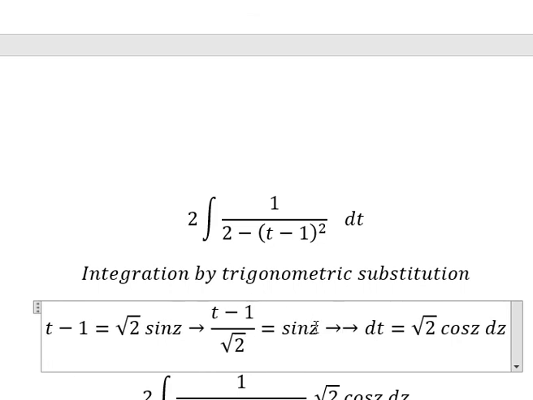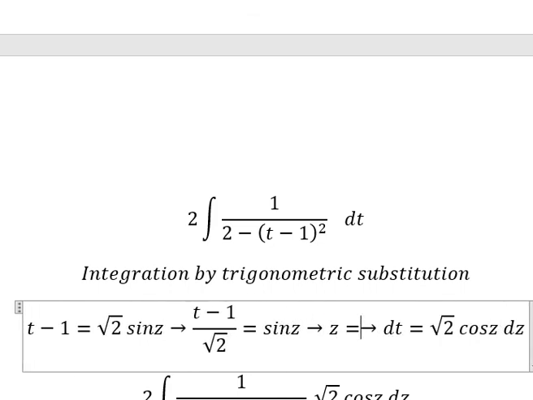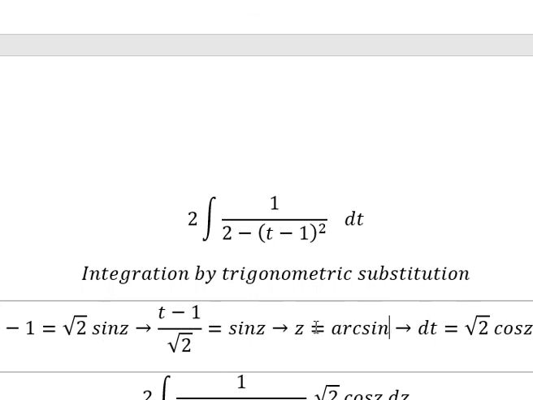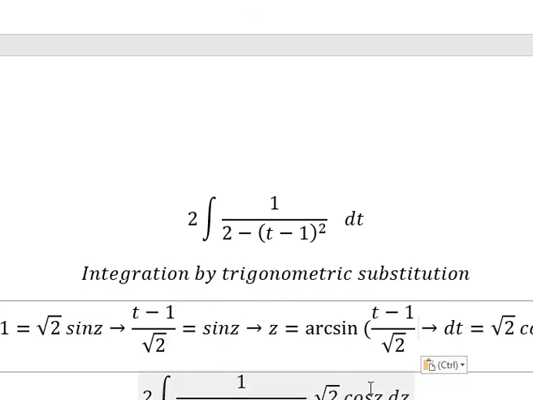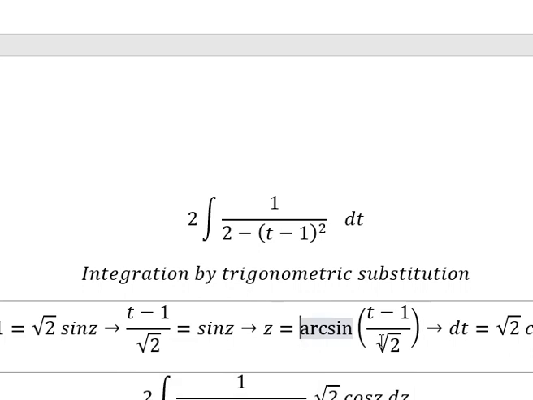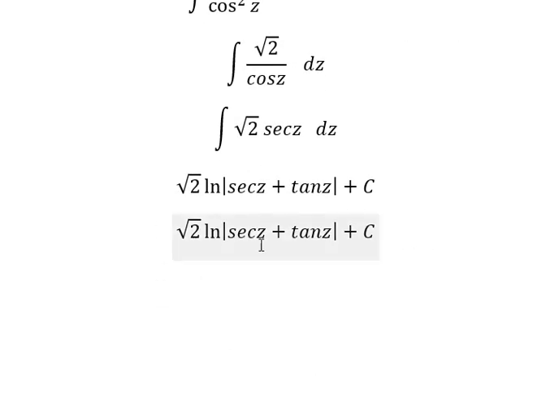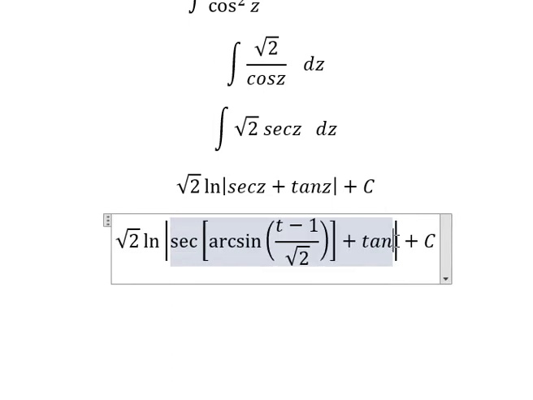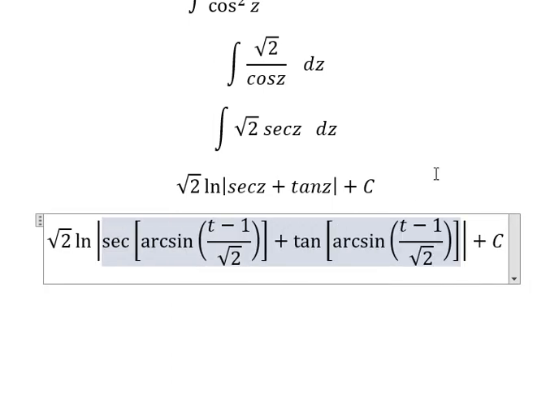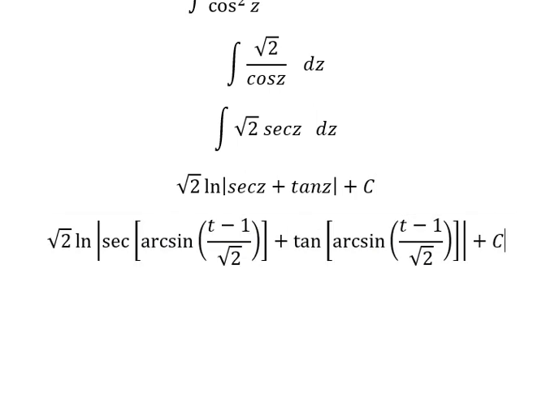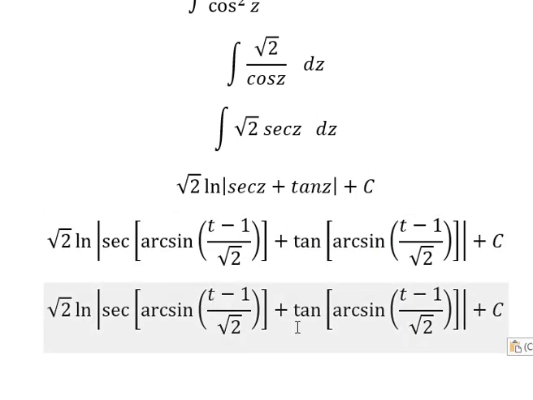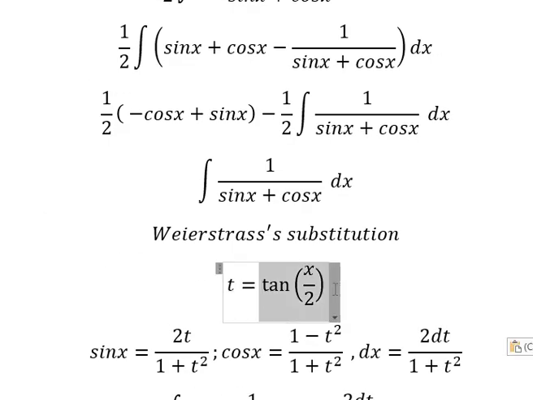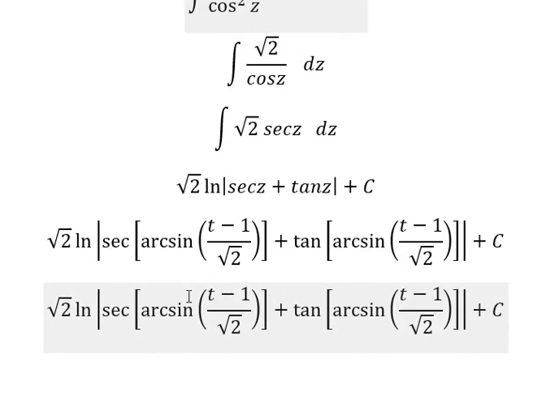And now we can find the value of z equal to arc sine of t minus 1 over the square root of number 2. And then I will put this one to change for z. About t, that is about tan of x over 2.